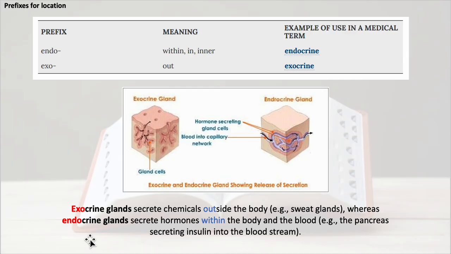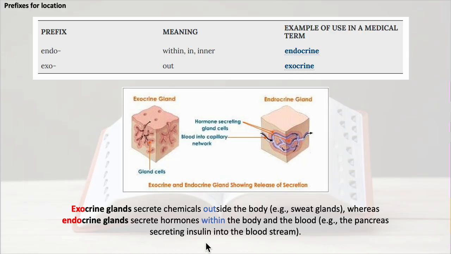We talked about the adrenals already. The adrenal gland is an example of an endocrine gland. So endo meaning within. And they're going to secrete hormones within the body into the blood. And another example of this is the pancreas. So the pancreas acts as an endocrine gland to secrete insulin into the bloodstream.